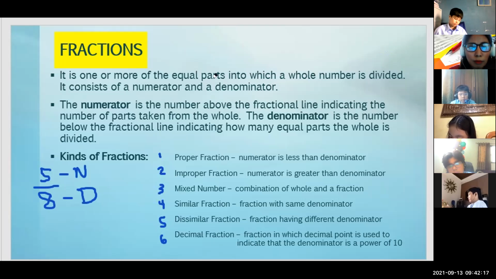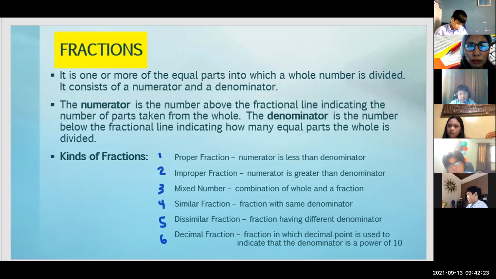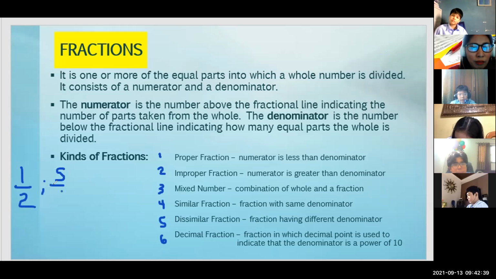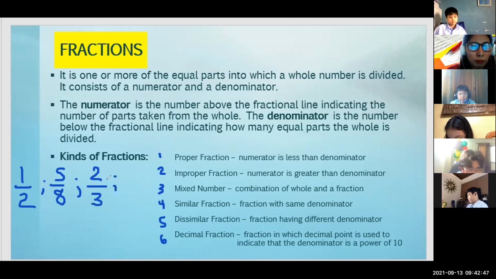First is the proper fraction. When we say proper fraction, the numerator is less than the denominator. Examples of proper fraction are 1/2, 5/8, 2/3, and 11/15.